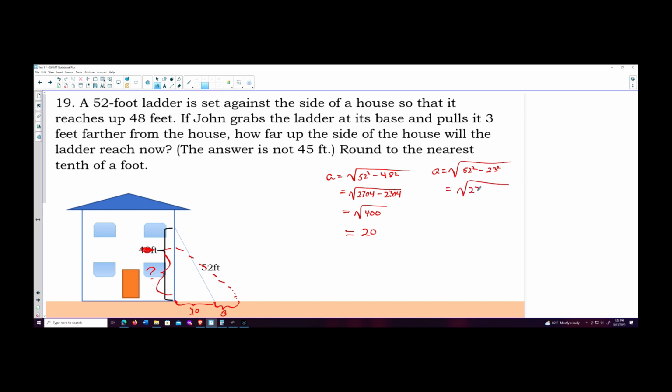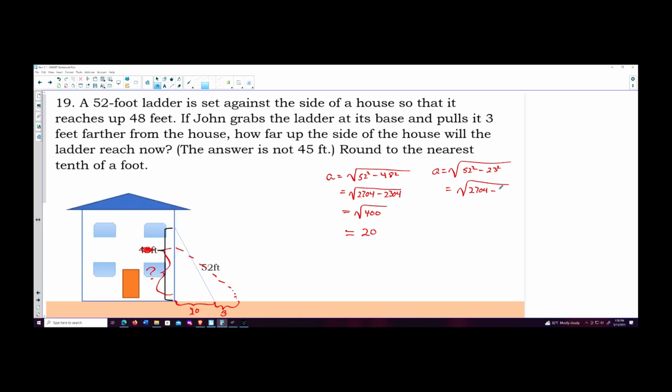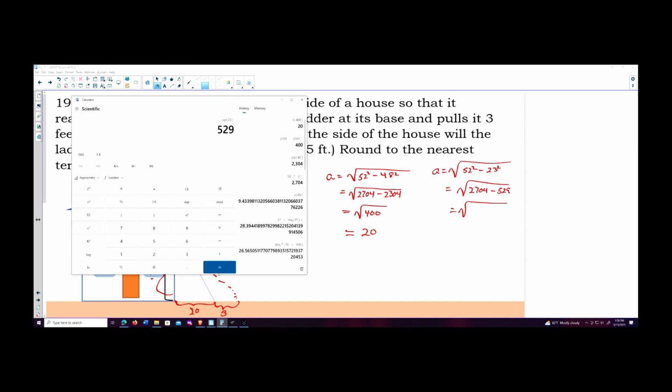So that's 2,704 from the previous, minus 23 squared, that's 529. So I do the math on that. 2,704 minus 529. Notice I bring my radical sign down. Don't forget that, because we haven't solved that yet.